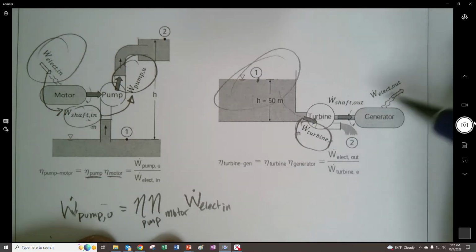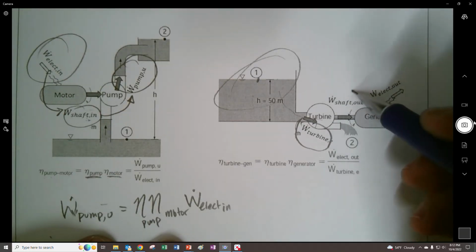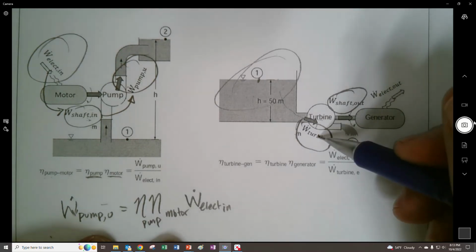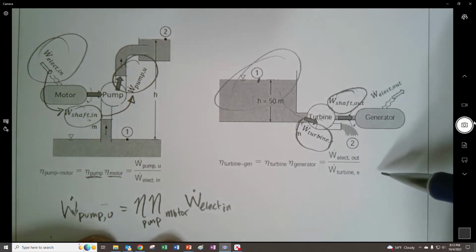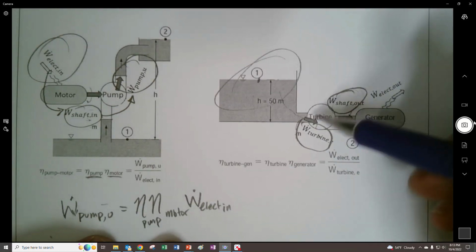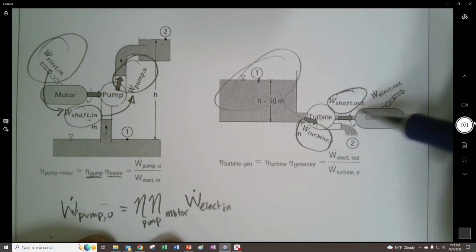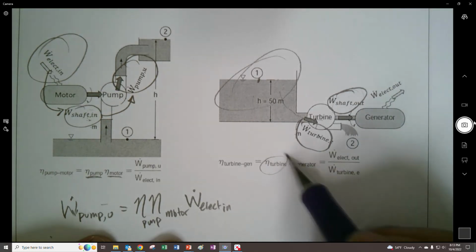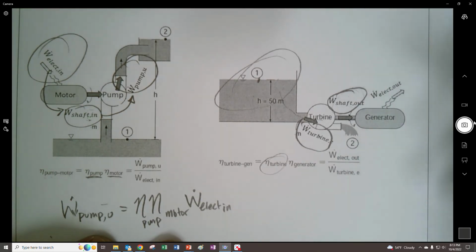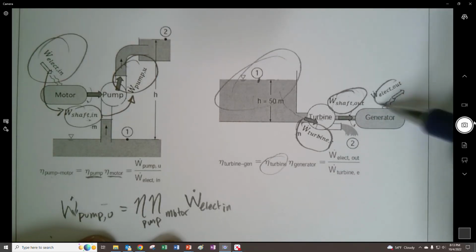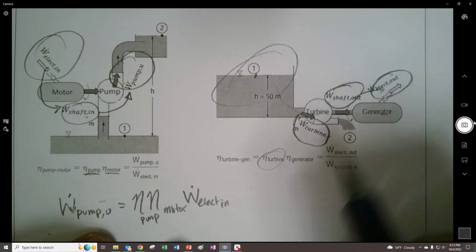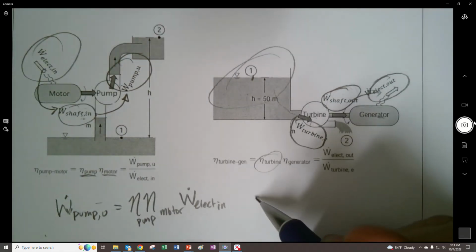That's through the turbine, and there's a drop that takes place between the power that we've tried to extract and the shaft work that's come out. So the turbine has extracted some power, but the shaft power is going to be less because of the inefficiency of the turbine. And then, coming from this shaft, we go to the electricity. The generator has some inefficiency, so we pay another penalty there.